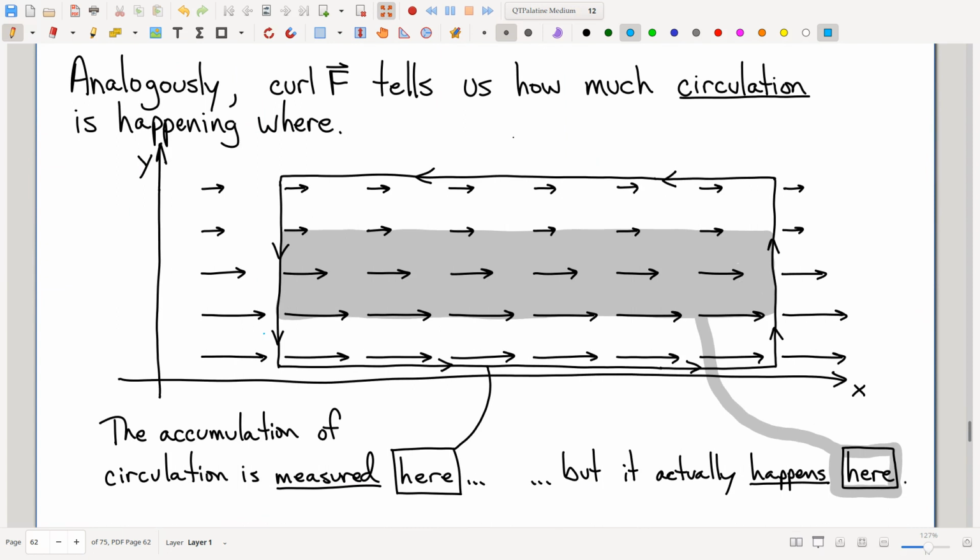Now in this case, I've deliberately drawn a vector field where it's reasonably under control. Nothing too wacky. It's constant down here, below the gray area, and it's constant up here above the gray area, and it's continuously changing in the gray area from the short field vectors up there, continually growing down to the larger field vectors down here.